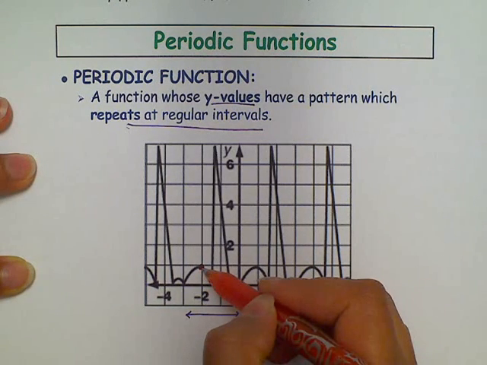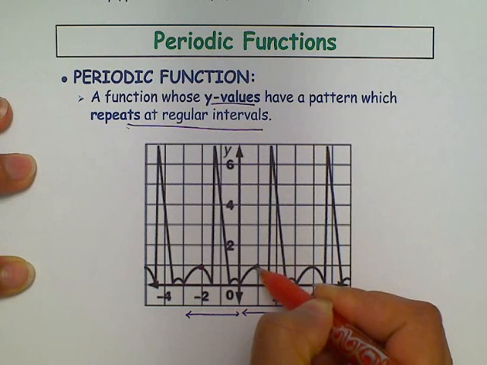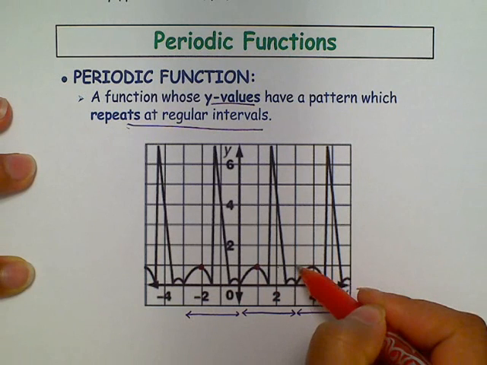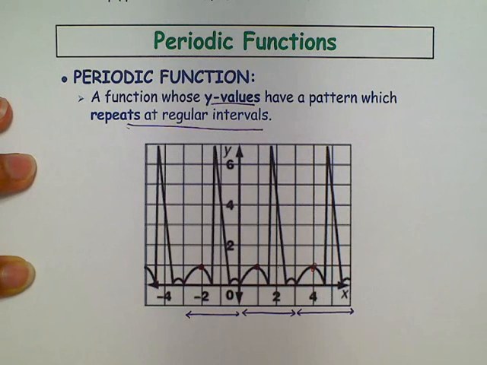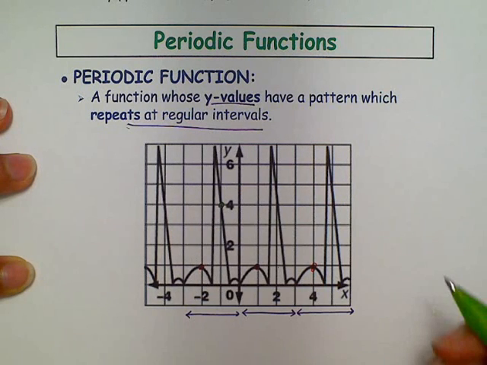If I go ahead 1, 2, 3 units, I'm at the exact same point again. And if I do that again, 1, 2, 3 units, I'll be at the exact same point again. It doesn't matter where in the cycle you're looking, because it takes 3 units for one cycle to be completed. 3 units later, you'll be back at the same place again.